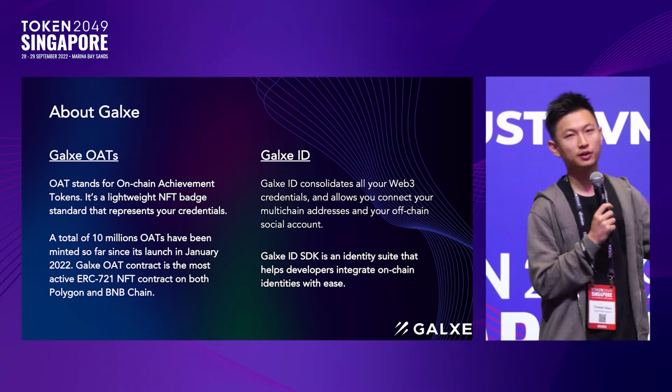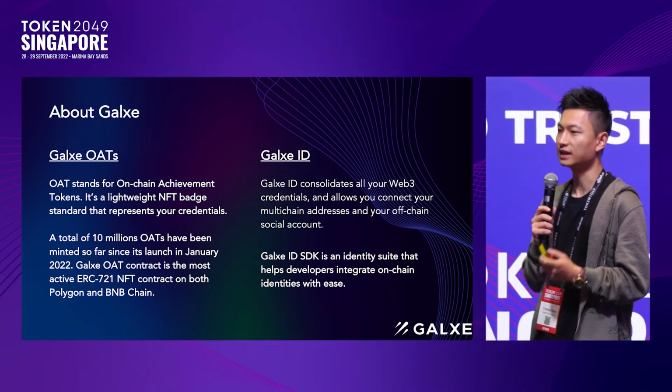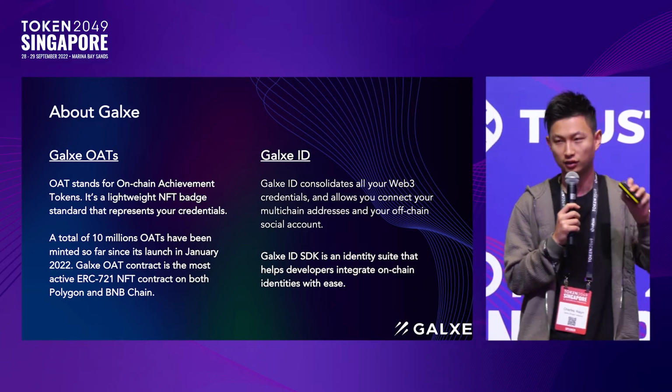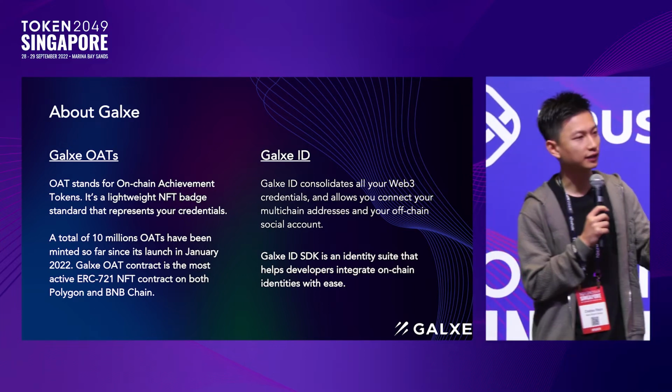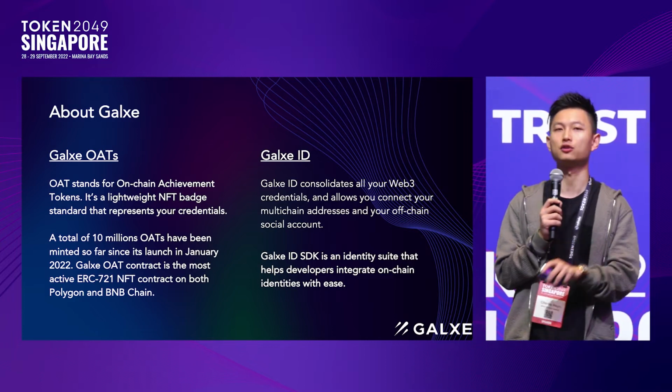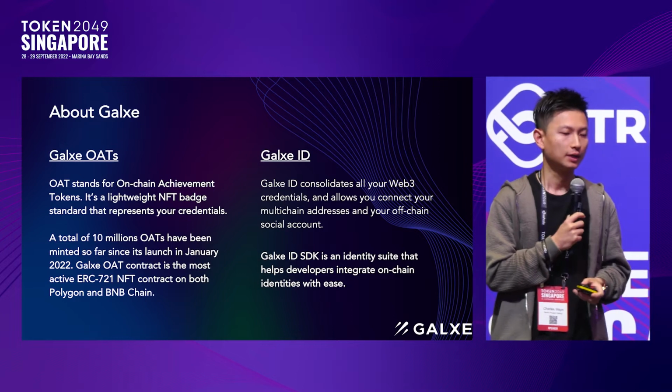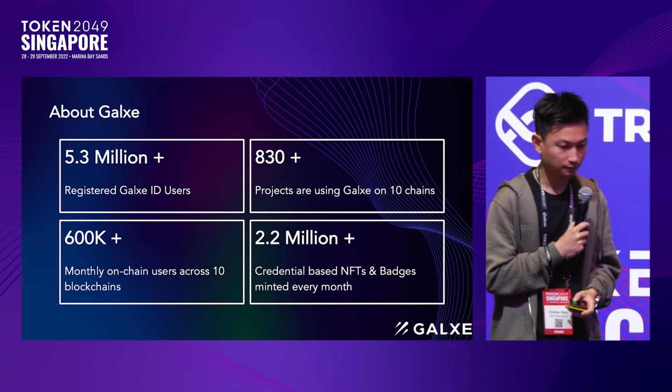Developers who integrated the Galxe ID SDK can directly get the user's credential data, and if they want to offer some customized feature for users who hold certain credentials, they can do it easily. So that's Galxe ID.